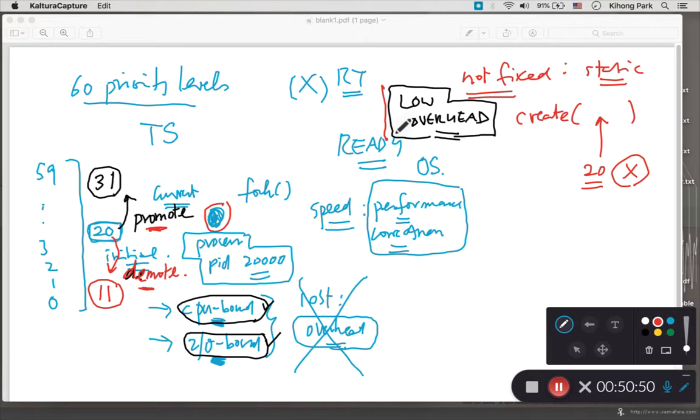So what is a method by which, using low overhead, we can get some idea of whether a process seems to be a CPU bound guy or an IO bound guy? Well, you know the answer already, which is a very direct, intuitive answer, namely a process that's current, so that's now running, that eats up all of its time slice, that consumes all of its time slice, quantum.